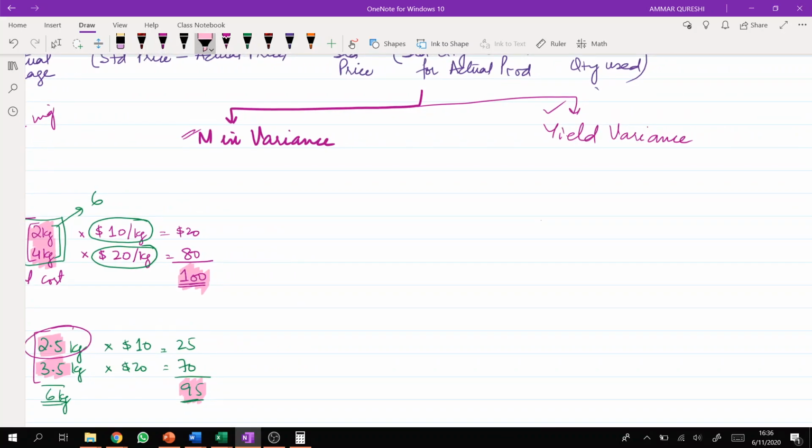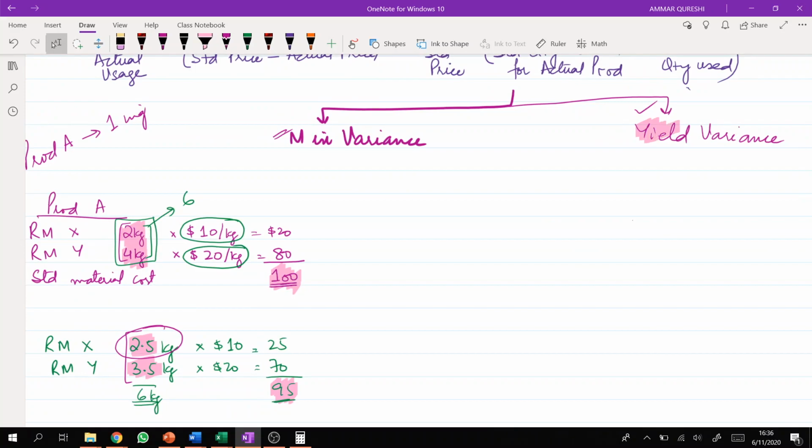So yield variance tries to look at how much output should have been made by using the raw material, and how much output we actually got. And mix variance actually measures the change of proportion in the material mix of the product, right?